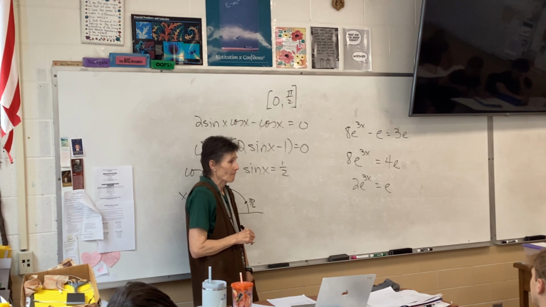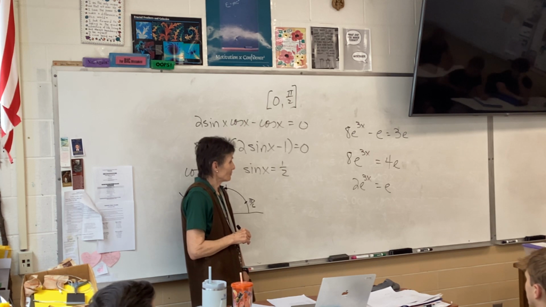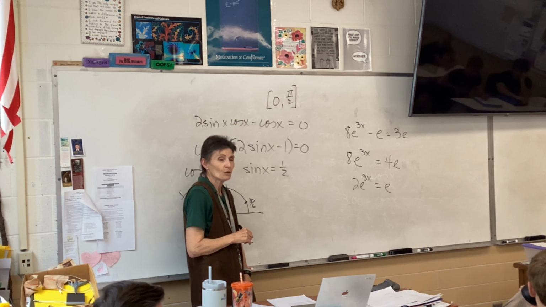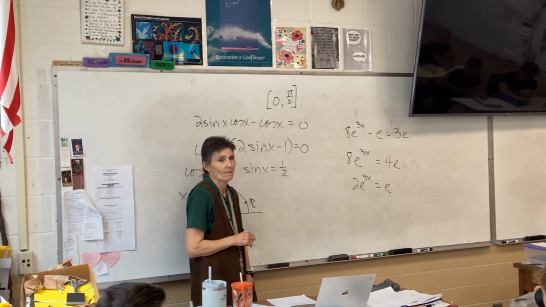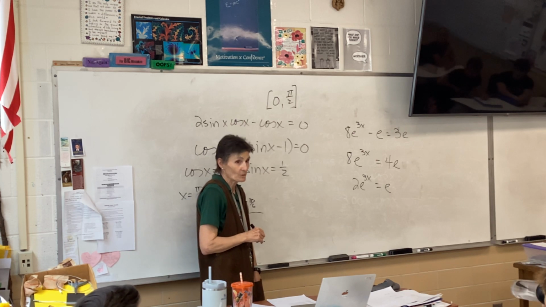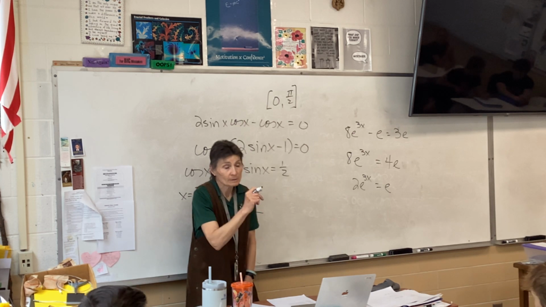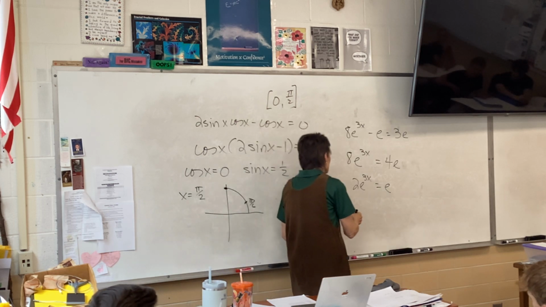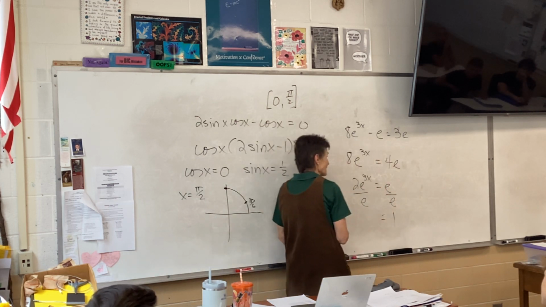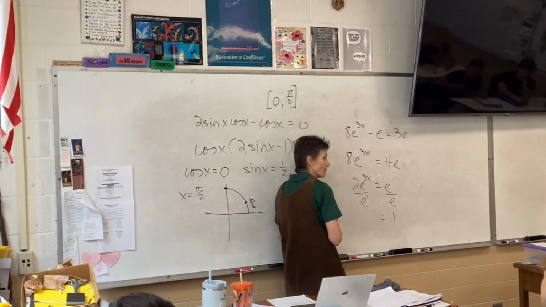Could we divide by e? No, you can. e is a number. You can divide by it. So tell me what happens when I divide by e. Now remember, that's e to the first.